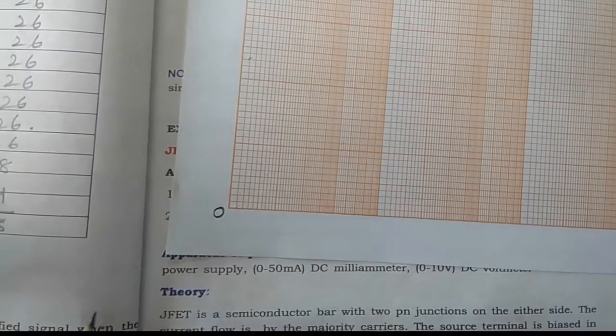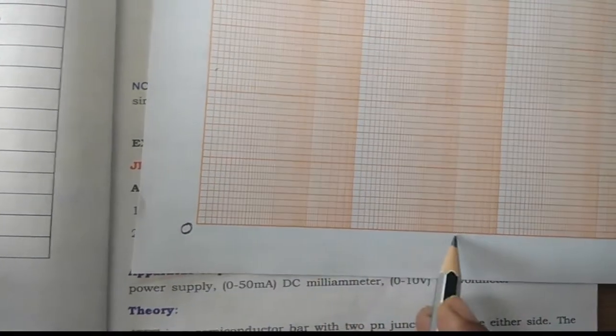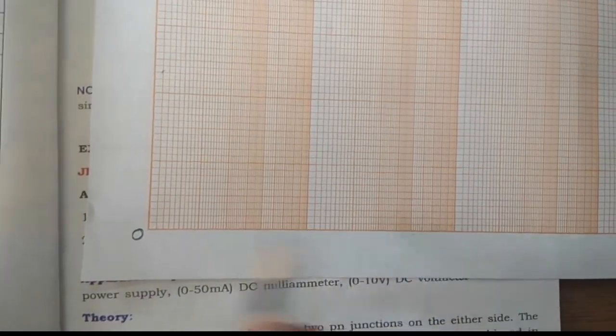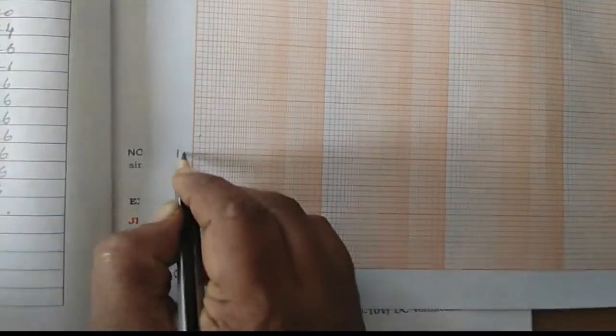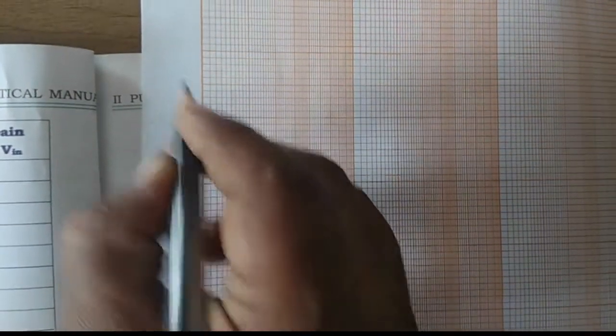Whereas this is the 0th place, frequency is according to the x-axis only, and on the y-axis we are writing gain as 5, 10, 15, 20, 25, 30. Now let us see how to plot.